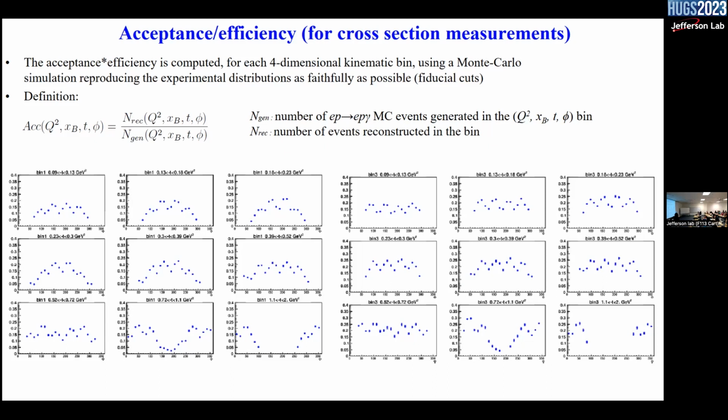Once you have a Monte Carlo that faithfully reproduces your data, you define the acceptance as the ratio, for each bin, of the reconstructed events over the generated events. And you have, again, a huge number of bins. For each kinematic bin of the data, you're going to have 1 value of acceptance with which to correct.